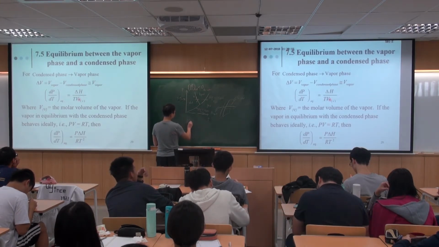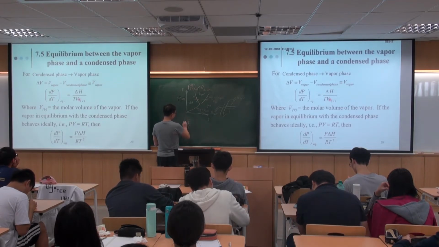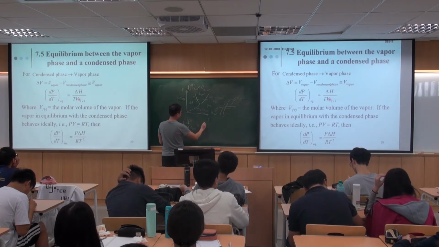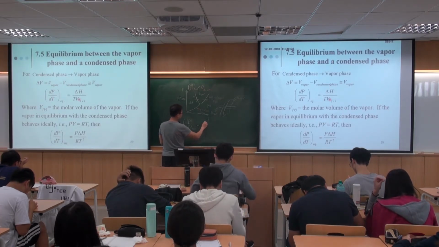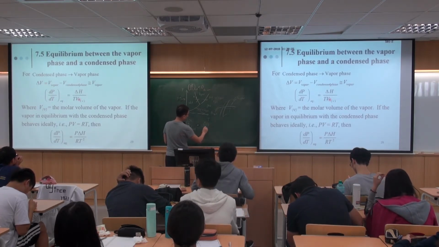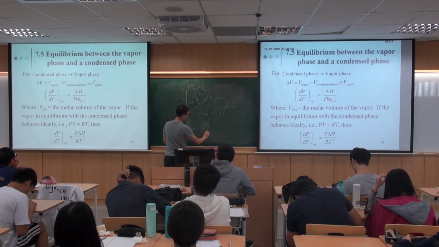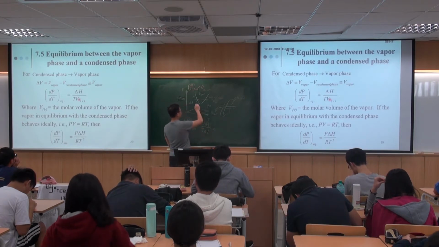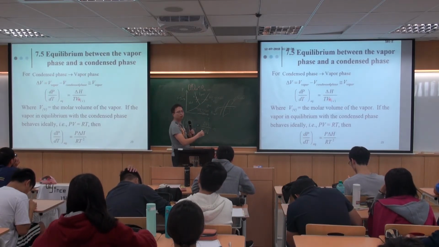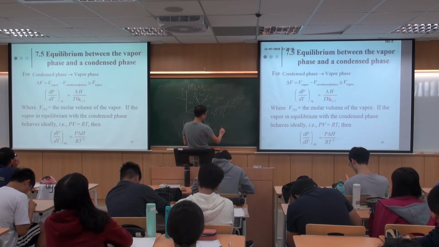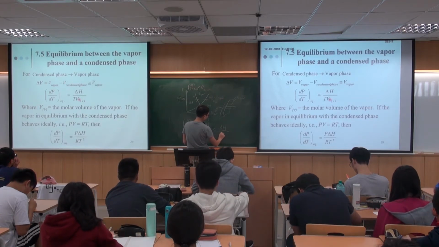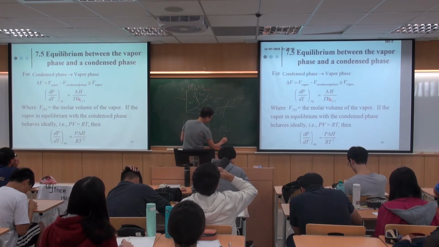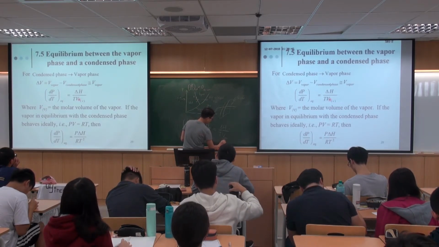So the Clapeyron equation originally is delta H over T times delta V, but if you're dealing with a condensed phase to vapor phase transformation, then this is approximately the volume of, let's say, gas or vapor.